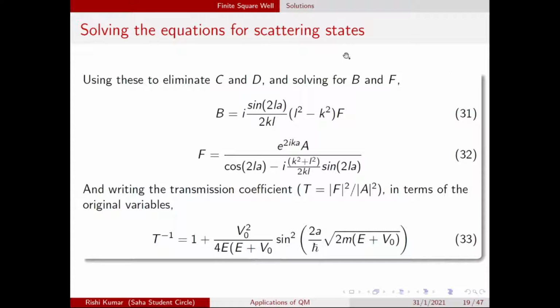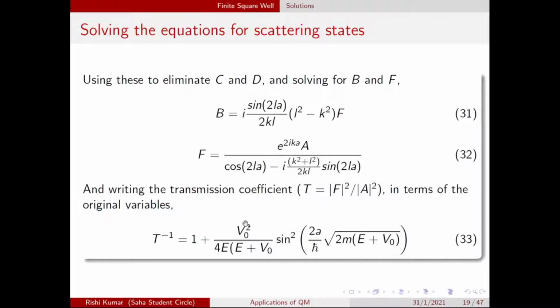So I'm just going to state here that B equals i sin(2la) over 2kl times (l squared minus k squared) F. And F is simply this huge thing here. I'm not going to try to read this out because I might have a lot of tongue slips. I'm just going to state that this is F. So the transmission coefficient is simply the transmitted amplitude divided by the incident amplitude.